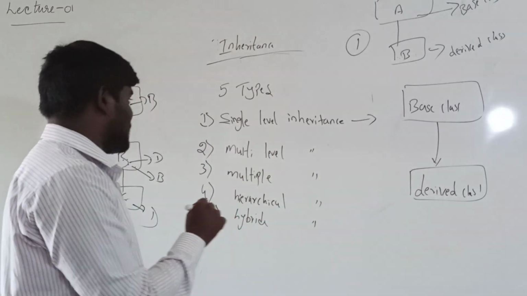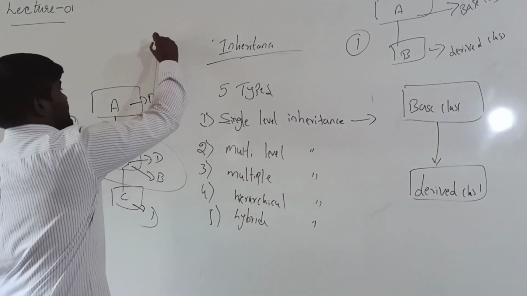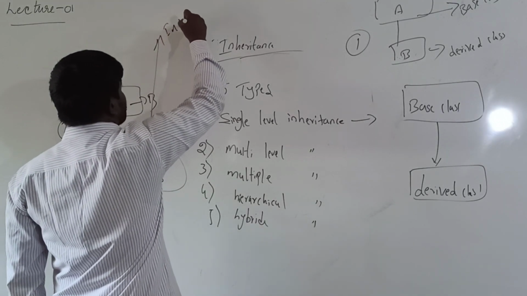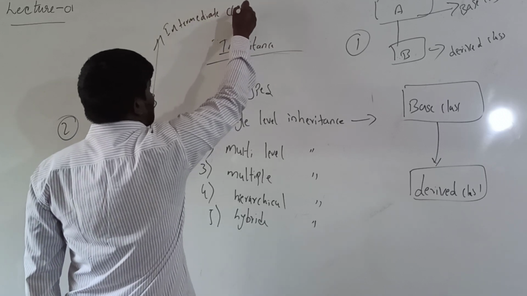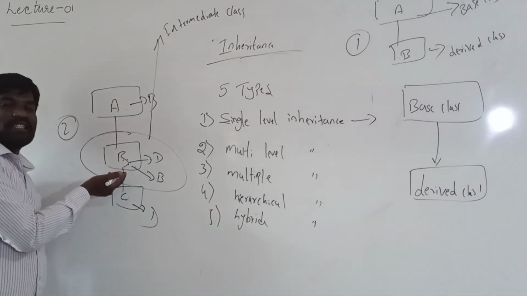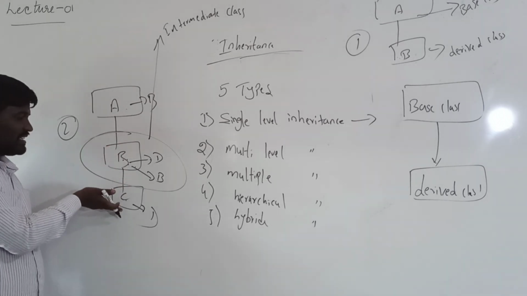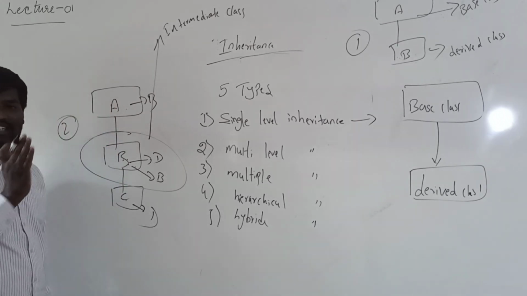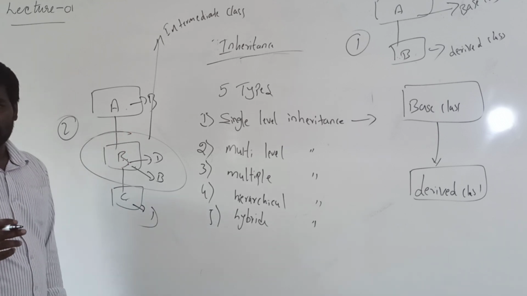That is nothing but multi-level inheritance. And this B is also called the intermediate class. Why it is intermediate is because this B class can act as base class for C and derived class for A. And this is multi-level inheritance.